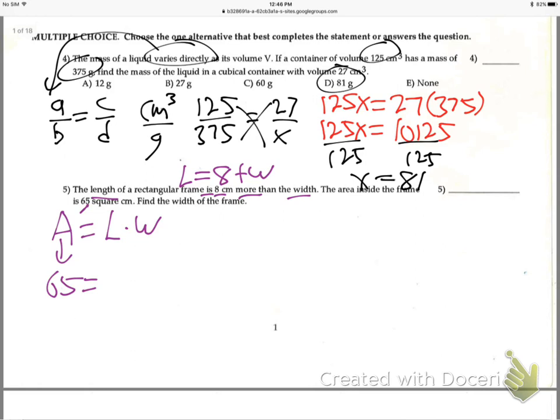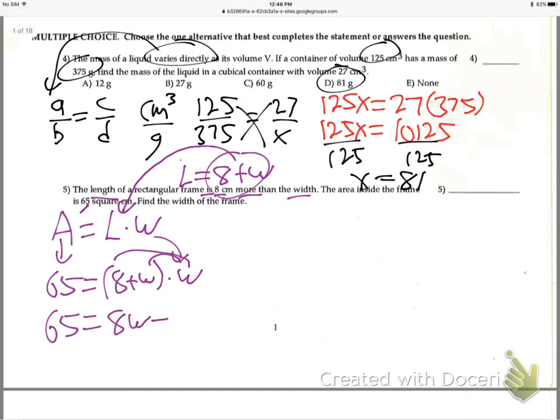So take that and now plug that in for L, and bring down the W. Good, good, good. Now distribute the W. 8W plus W squared. We good to there? So what are we going to do now?